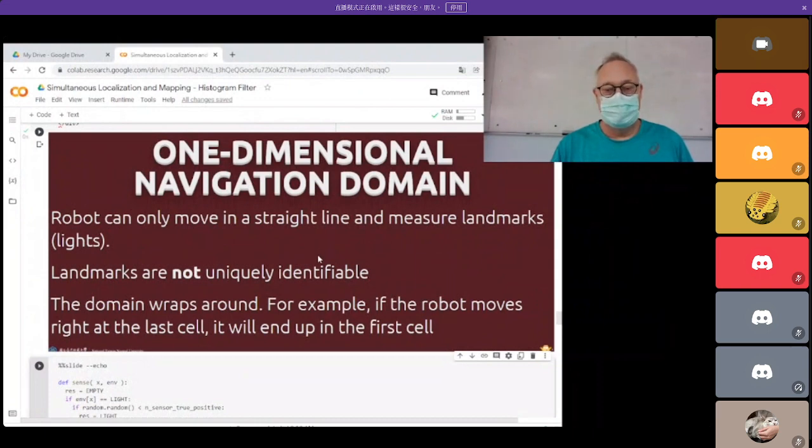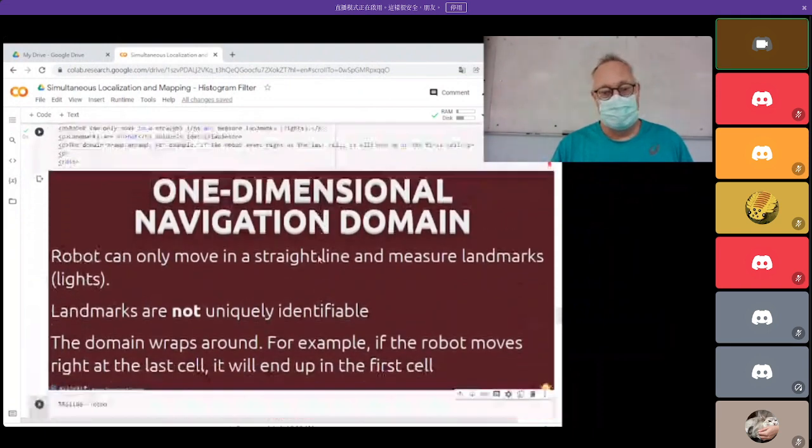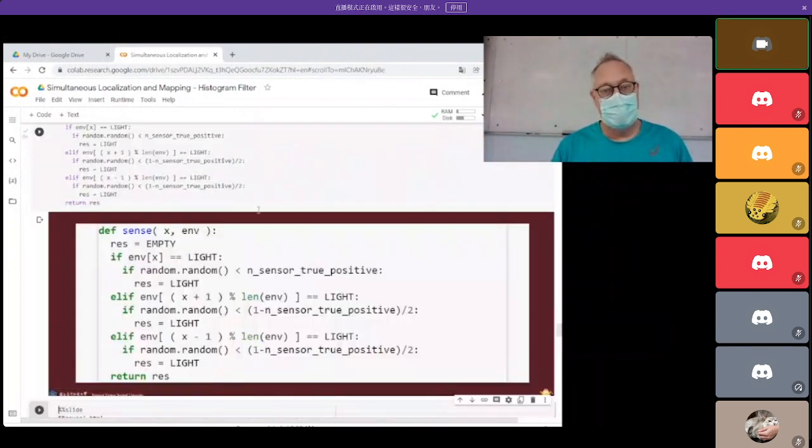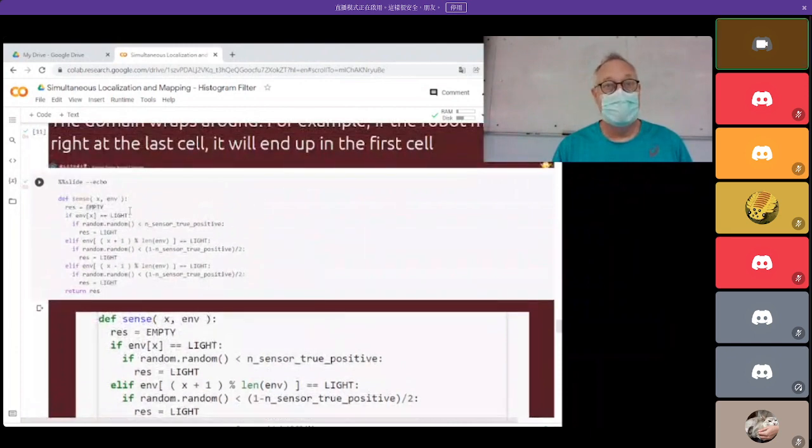And we have a sensor model that indicates what happens when the robot is sensing something. So we're at location X in a given environment, and then if we're under a light, there is a certain probability, the true positive probability, that we will detect the light, and one minus that we will not detect the light.